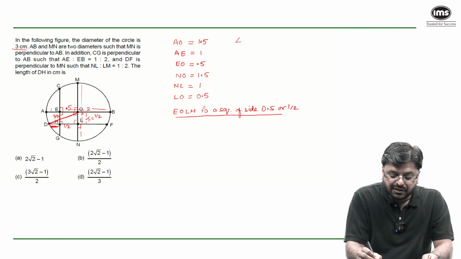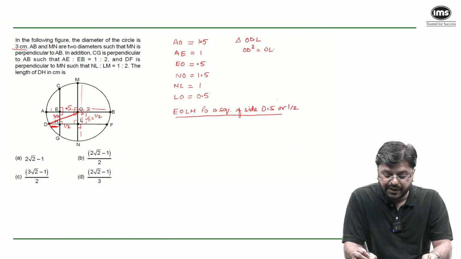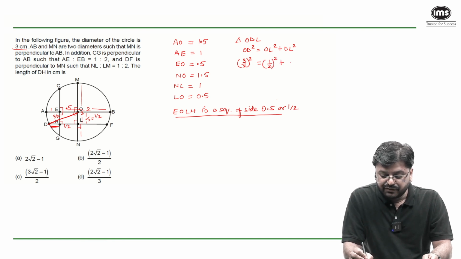So in triangle ODL, OD square is equal to OL square plus DL square. OD is 1.5, which can be written as 3 by 2. This squared, OL is 1 by 2 squared. We need to calculate DL square.